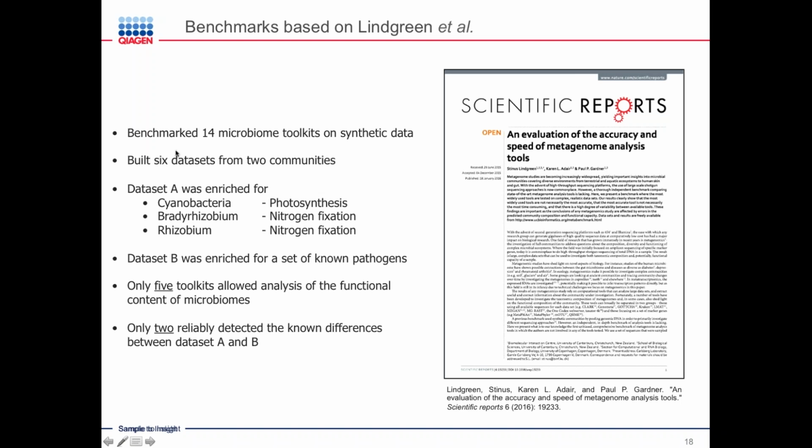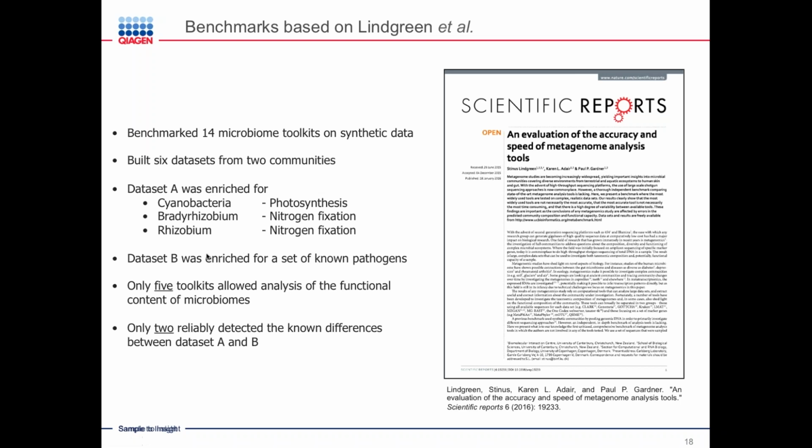They built 6 data sets from 2 different communities, so 3 replicates for each community this way. And then they enriched different functions in these communities. And the way they did that was to enrich dataset A for a set of species that are known to be involved in photosynthesis and nitrogen fixation, and they enriched dataset B for a set of known pathogens.